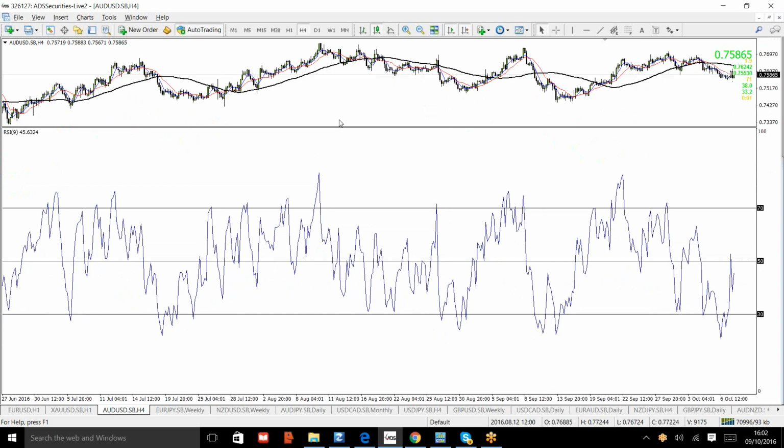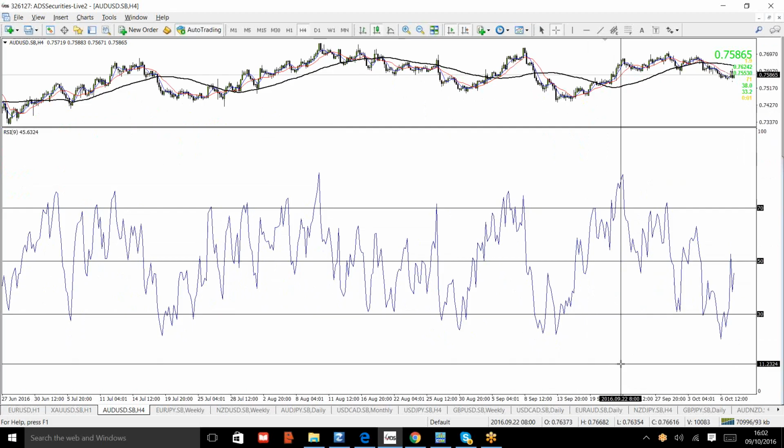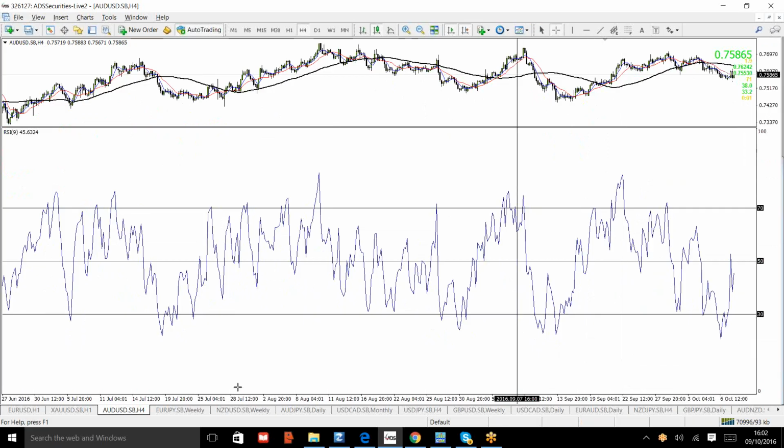That is a wrong concept. It doesn't mean overbought, oversold. Wrong. Above 70 is overbought, below 30 is oversold: these are wrong concepts. Relative strength index, by its name, tells you the strength of the trend.